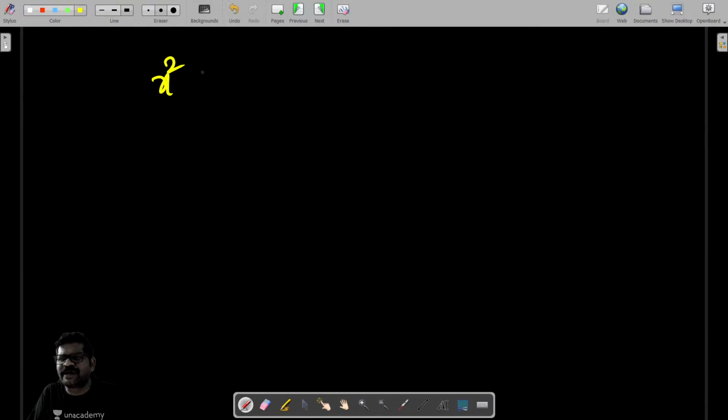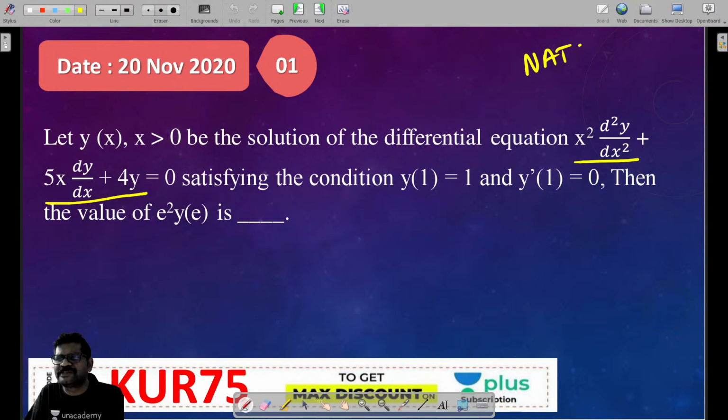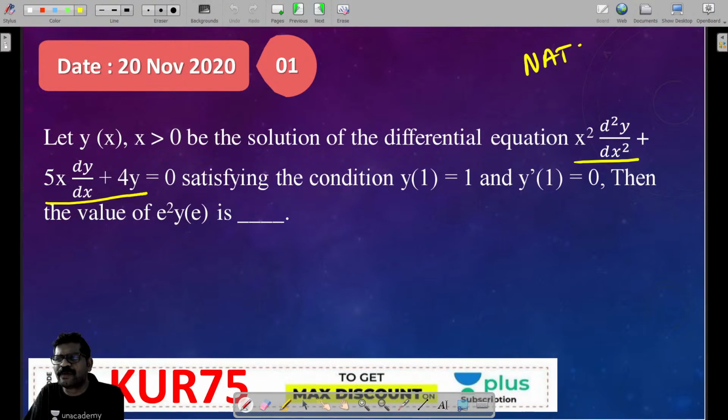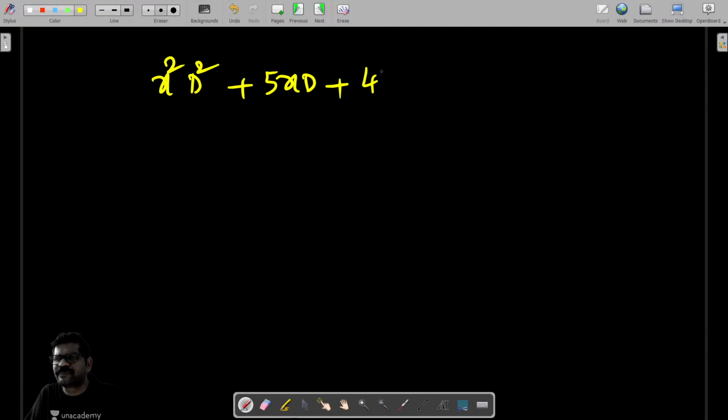x square d square plus 5xd plus 4 of y equal to 0.